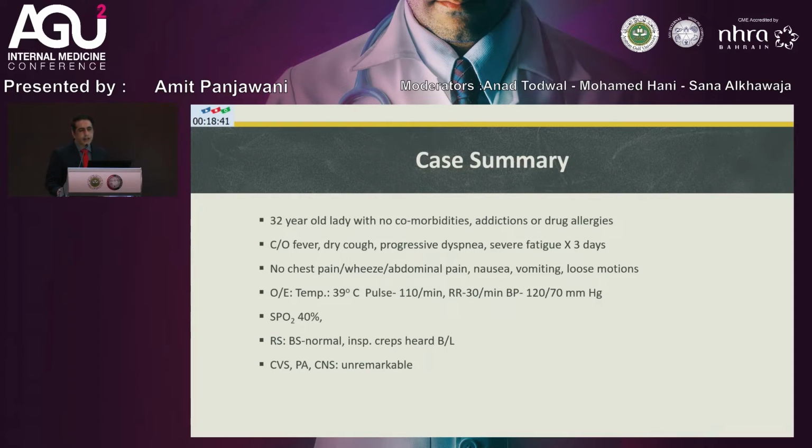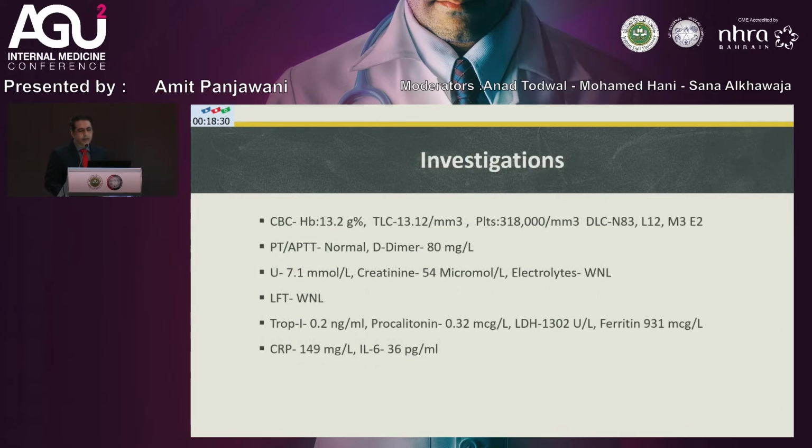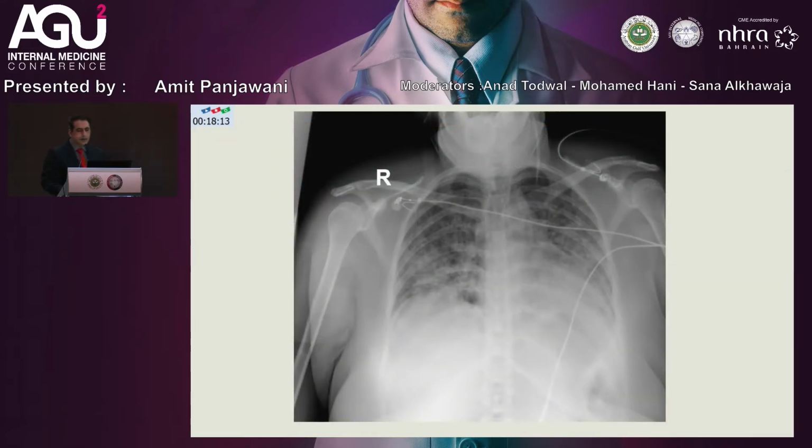On examination, she was found to be febrile. She was tachycardic with tachypnea, with a very low oxygen saturation of 40% on room air. She was investigated and found to have features of leukocytosis with a neutrophilic predominance, normal coagulation profile, very high D-dimer levels of 80 milligrams per liter, normal serum biochemistry, and elevated inflammatory markers.